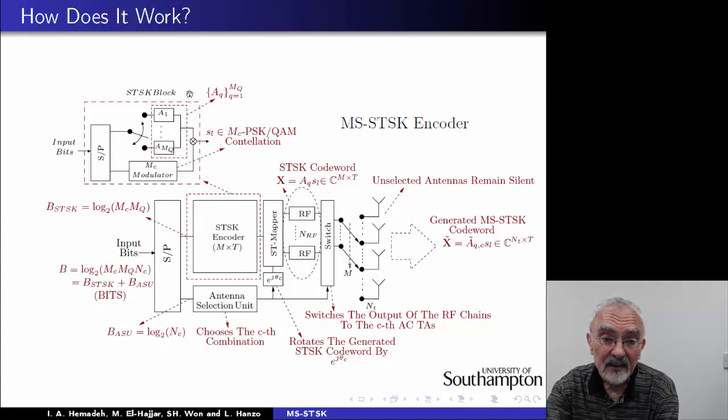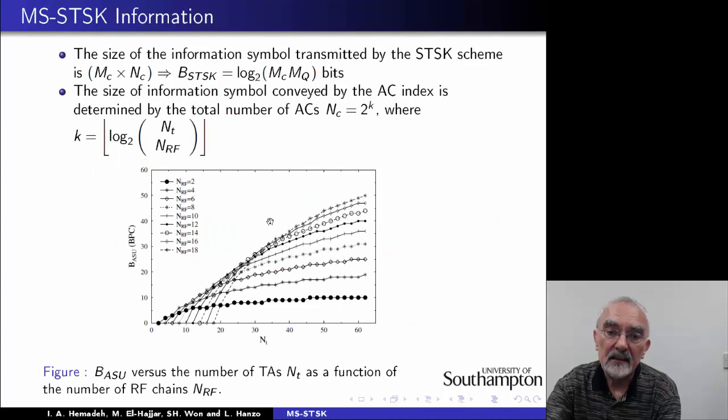And so now this scheme is embedded into our multi-set space-time shift keying encoder. And again, just to mention that depending on the specific design of the scheme, it is possible that we get correlation across the symbols, and therefore we try to minimize this correlation, as I will highlight in a minute.